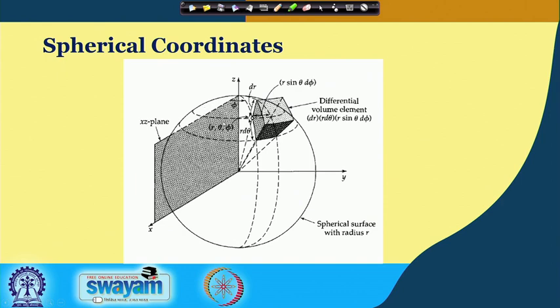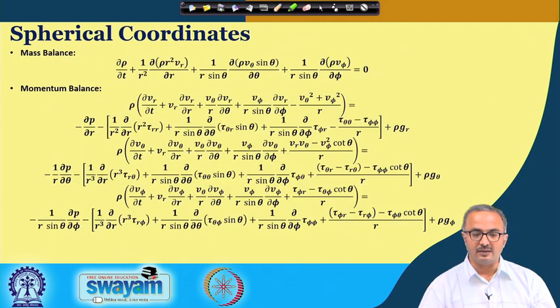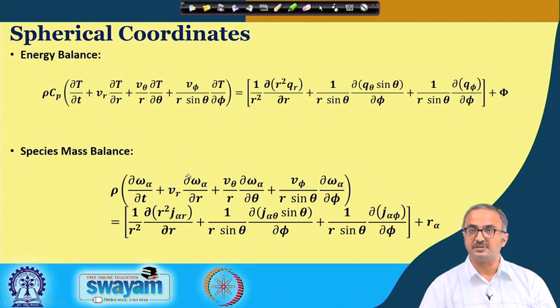So, you can easily find from geometry the volume of this particular shell, and this volume will come out to dr times r d theta times r sin theta d phi. With this we can again find the expressions for the mass balance over here, this is the momentum balance, and this is the energy balance and the species balance.